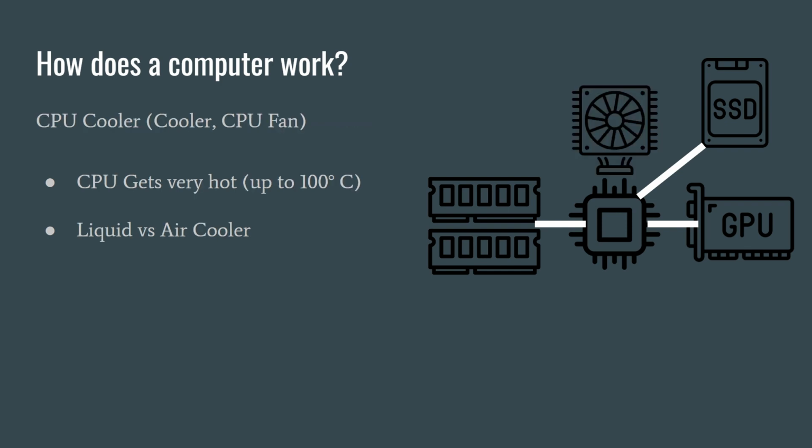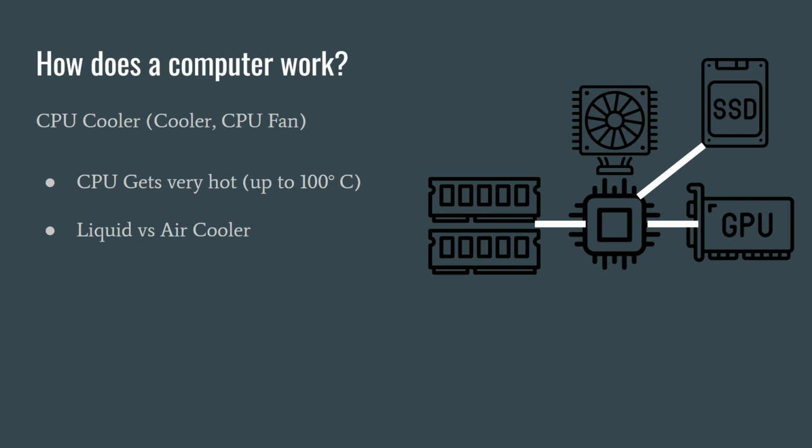So next up we have CPU coolers, and they're usually just called a cooler. Basically the CPU gets very hot. It is this tiny little rectangle, and it is doing a ton of calculations, and there's a ton of power going through it. So it can get up to 100 degrees Celsius, which is burning hot. I mean, you probably couldn't even touch that.